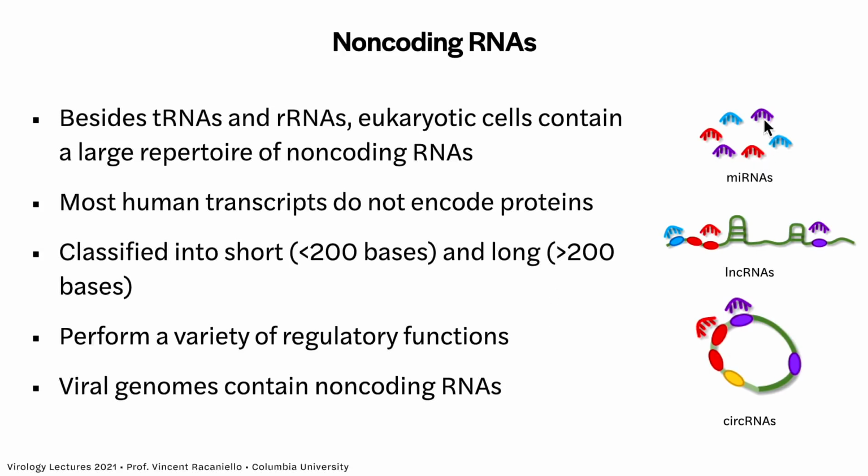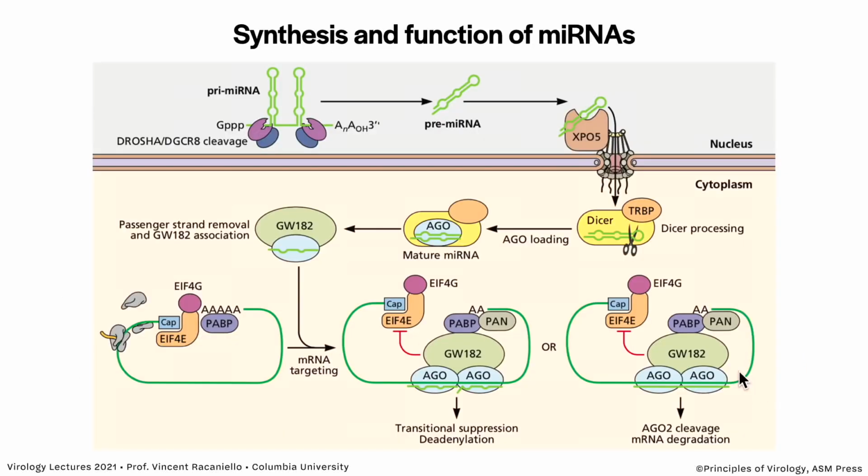These non-coding RNAs include microRNAs, short 21 base RNAs that are regulatory, long non-coding RNAs, again over 200 bases, which regulate gene expression but don't encode a protein, and even circular RNAs, circRNAs, which are single-stranded circles. A microRNA has gene regulatory activity, and this is the pathway by which they're made.